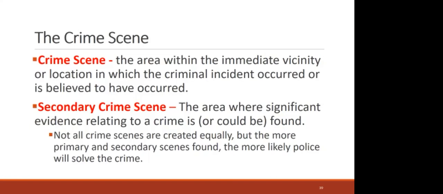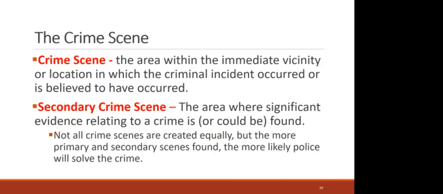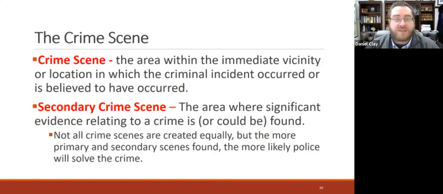So if they're dumping a body, we'll say, and the police respond to it, if it's a clear dump, we might have a crime scene initially until we realize, oh, this person was transported here. This person wasn't killed here. At that point, it becomes a secondary crime scene, right? Because we know that there's a primary crime scene somewhere where the actual murder occurred.